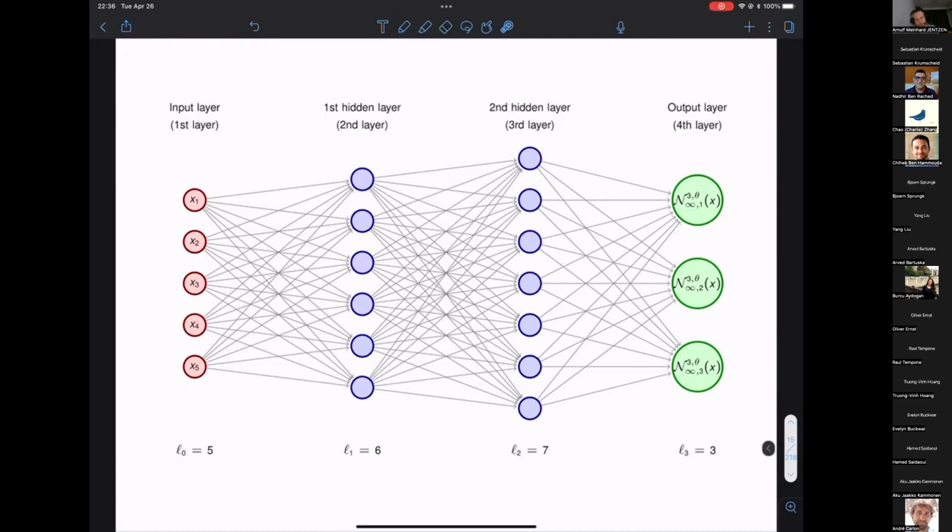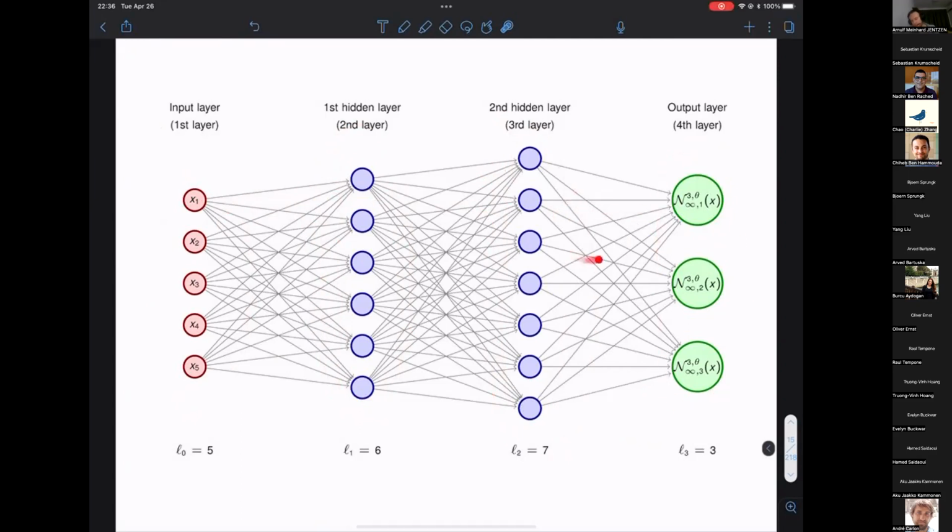This function consists of multiple compositions. First we have one affine linear function, then the fixed nonlinear function. This results in a vector in the R6. So this first affine linear function combined with a nonlinear function maps from the R5 to the R6, and then from the R6 to the R7, again one affine linear function and then the fixed nonlinear function, and then from the R7 to the R3.